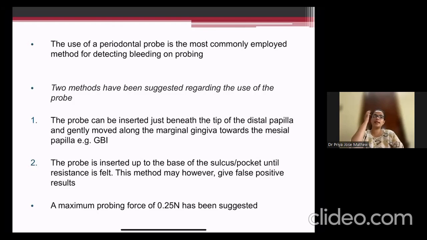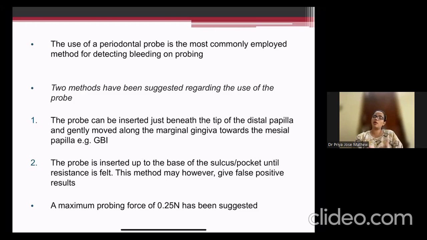In the first method, it may not reach up to the depth, but in the second method, it has to reach up to the depth. As we know, the apical portion has more ulceration, so there is more chance for the tissue to be ruptured. So the first method is generally suggested, that is from the distal, along the marginal gingiva, to the mesial side.